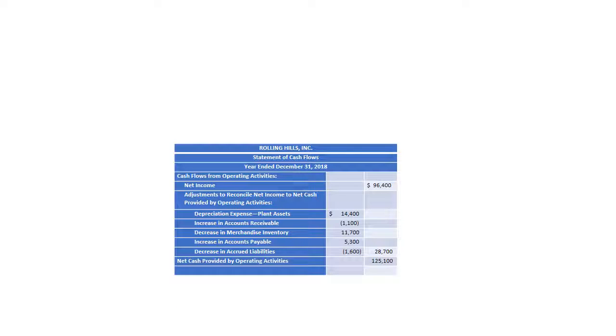Now, what they're asking us to do is the statement of cash flows. I broke this down into two major sections. The first being the operating section. Now, I don't want you to think you do two separate reports. It's just that I didn't want to show the whole statement in your face all at once.